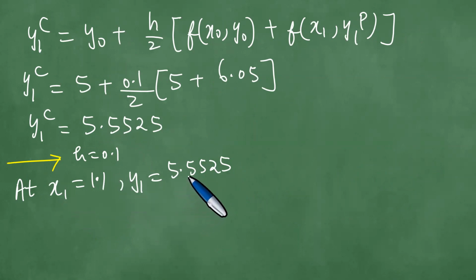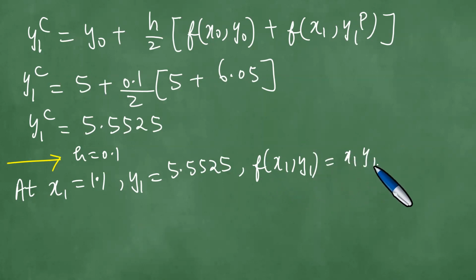At this point, we've got x1 and y1. We're dealing with the predictor again at this point. So we must now do f of x1, y1. According to the formula of the differential equation, it is the product.